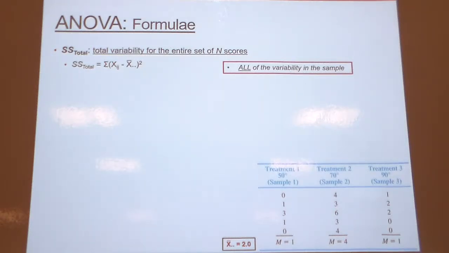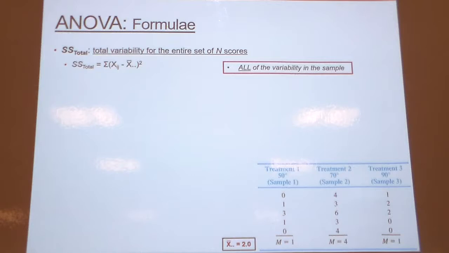And so if we're talking about our ANOVA designs, our sum of squares total is our total variability in our set, right? So this is the sum of the squared deviations of every participant's score from the grand mean, okay? We square that deviation, add all those together, and that's our total sum of squares, right?